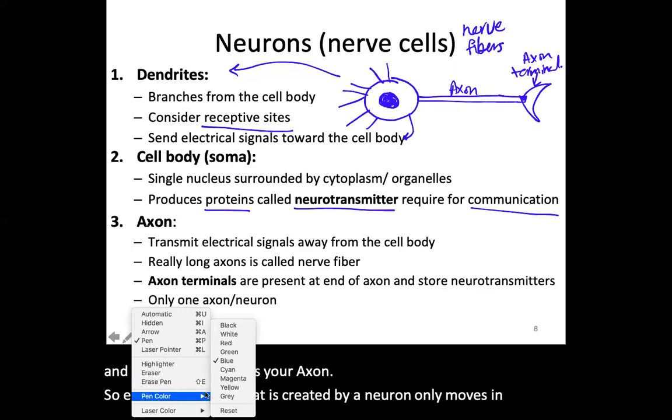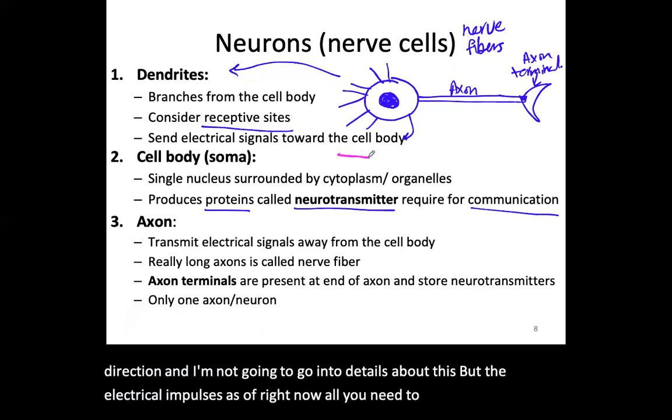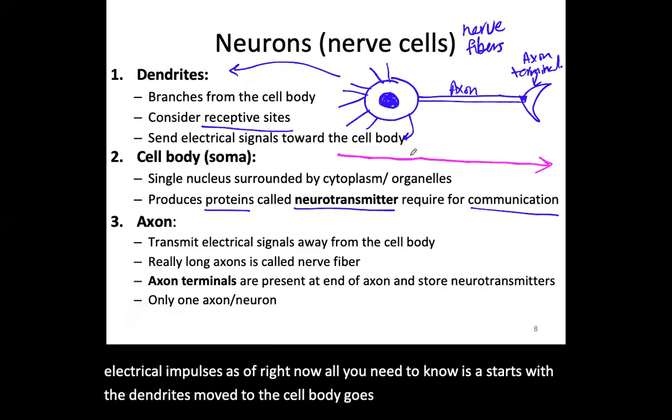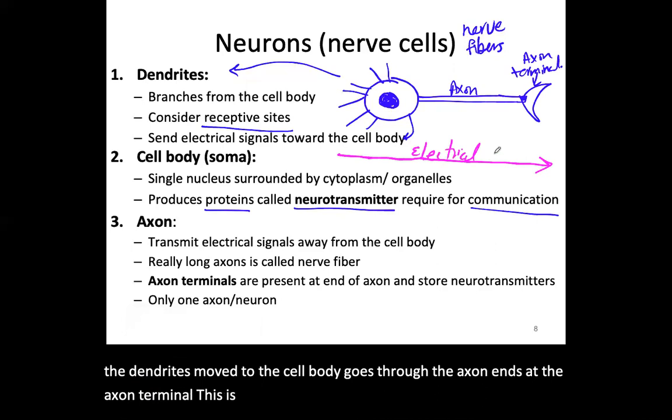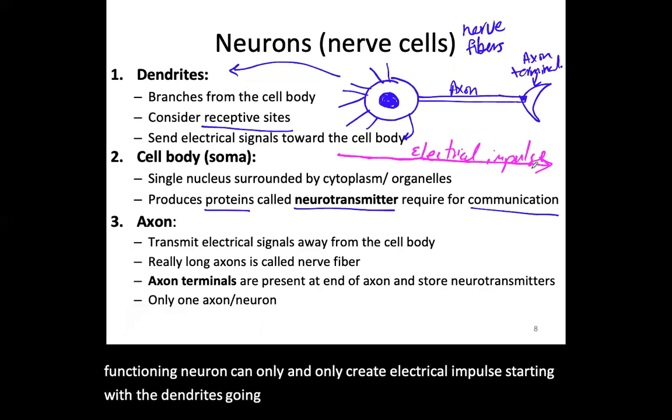I'm not going to go into details about this, but all you need to know is it starts with the dendrites, moves to the cell body, goes through the axon, and ends at the axon terminal. A functioning neuron can only create the electrical impulse starting with the dendrite, going to the cell body, axon, and the axon terminal.